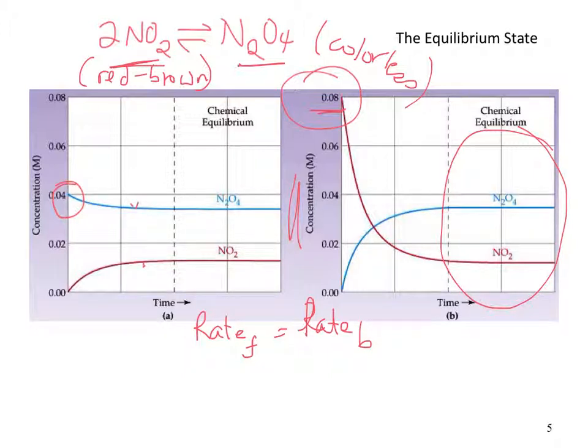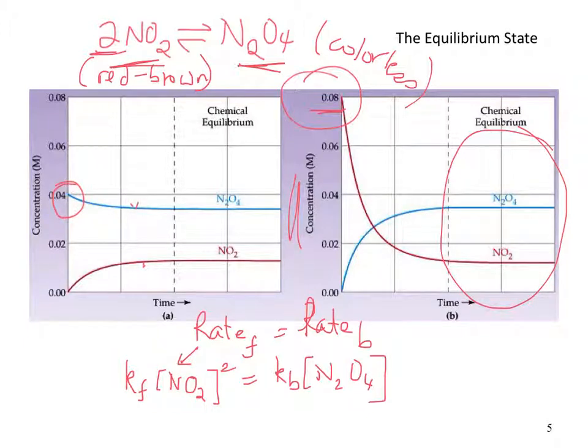So for this case, one can say that the rate of forward reaction is going to be Kf [NO2]². If you consider that an elementary step, the way we did in the last chapter, this is equal to Kb [N2O4], and of course there is no power in that case.